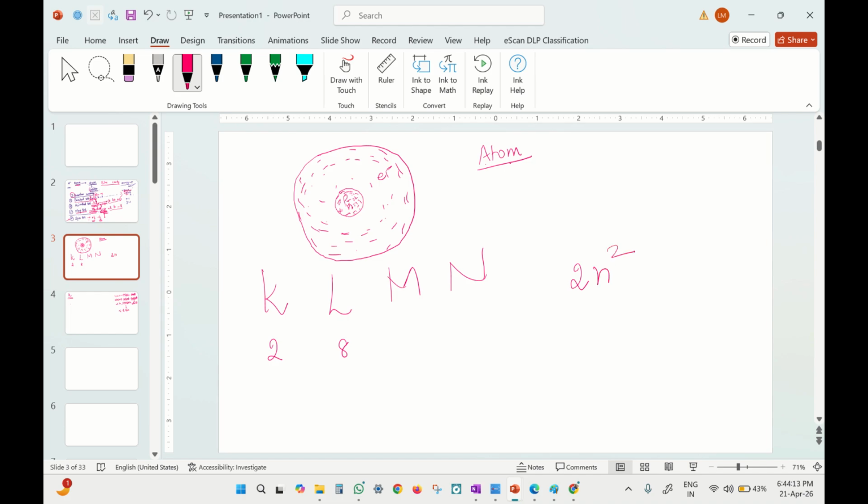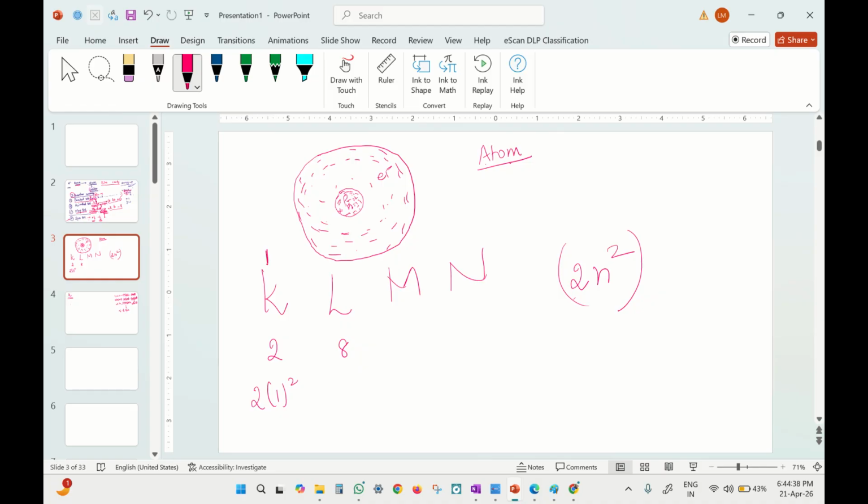Was it not 2n square? The number of electrons in a given shell used to be 2n square, remember? Substitute the value of n. See whether you are getting these values. 2n square. Isn't it 2 times 1 square?